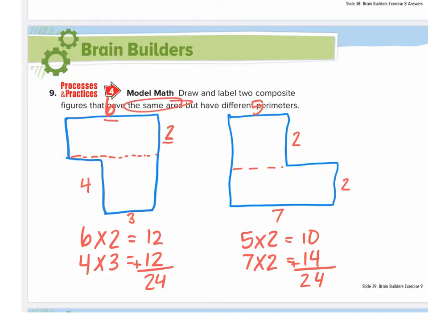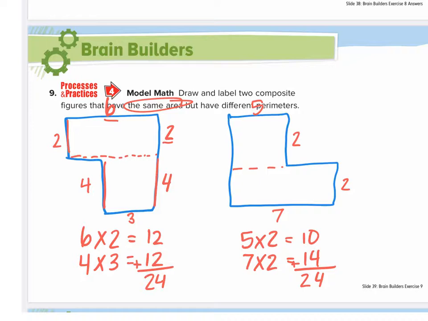To find the perimeter, we have to add up all of the side lengths. So I'm going to go ahead and label all of the side lengths, and then we'll add those together. So over here, this side is going to be 4 because it's the same length as this side in a rectangle. And then this side and this side are the same length.